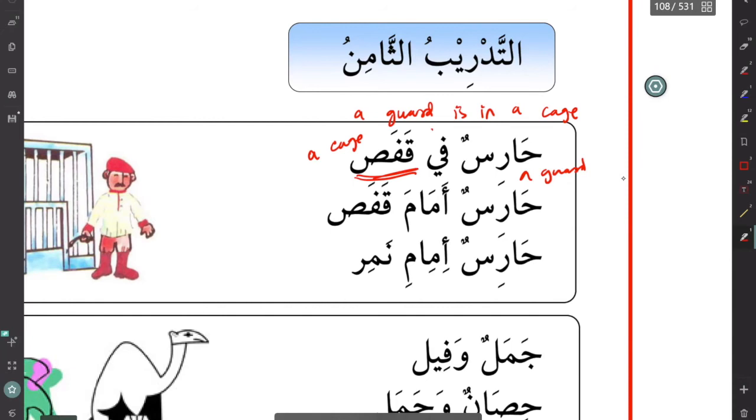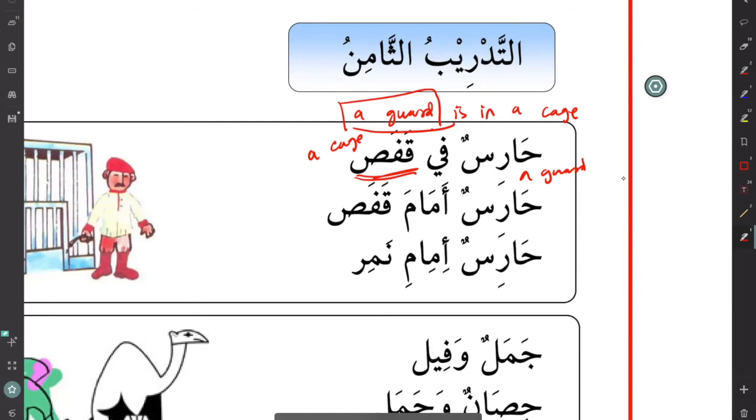The only issue I have with this sentence is that it's starting with an indefinite noun, which is not possible in the Arabic language. Okay, in the standard way, you cannot start a sentence with just a pure, simple, indefinite noun, just like harisun. This is not a good way of making a sentence.